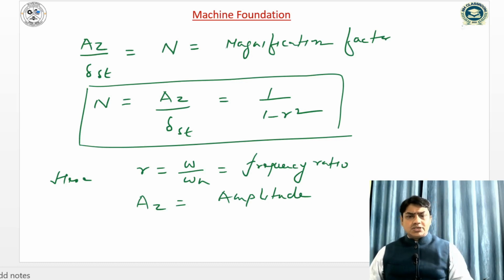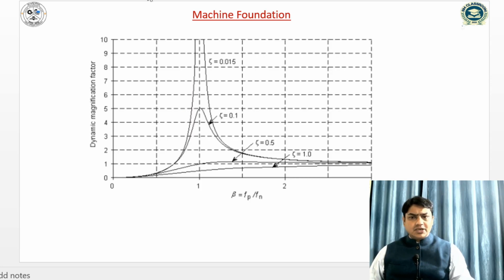If the value of the frequency ratio is unity, then the value of the magnification factor will be infinite. And if the frequency ratio is less than unity, then there will be a definite value of n. Here we can see the graph between the magnification factor and frequency ratio.